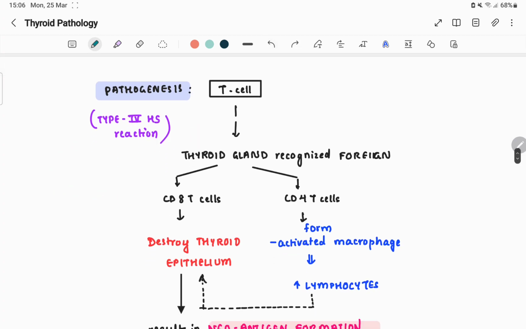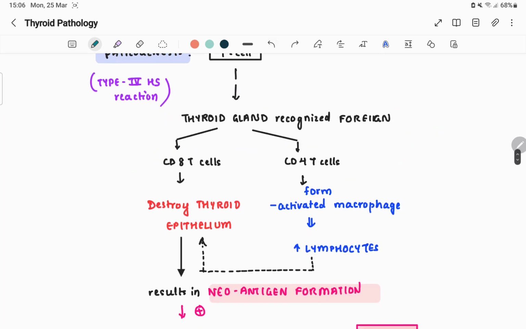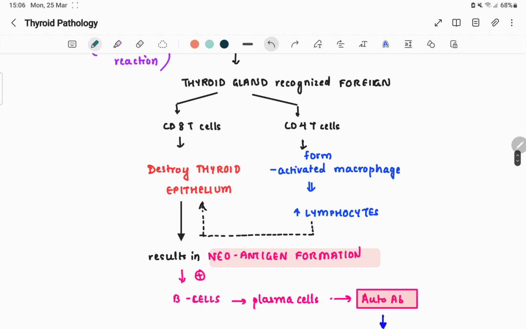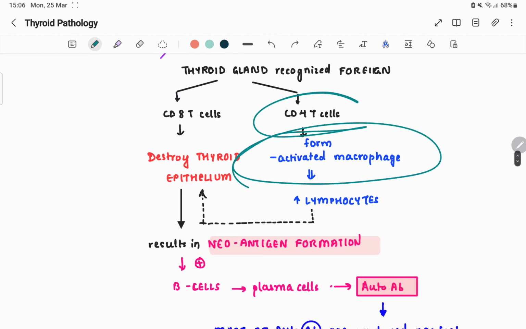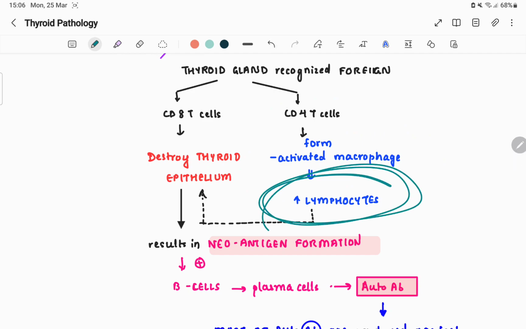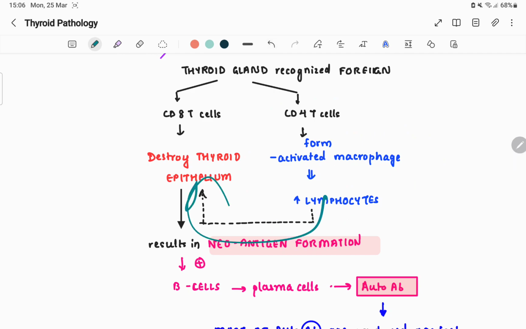T cells will recognize the thyroid gland as foreign, and this will cause stimulation of CD4 and CD8 cells as well. The CD8 T cells will destroy the thyroid epithelium, and CD4 will form activated macrophages with increased lymphocytes. These lymphocytes will again destroy thyroid epithelium.